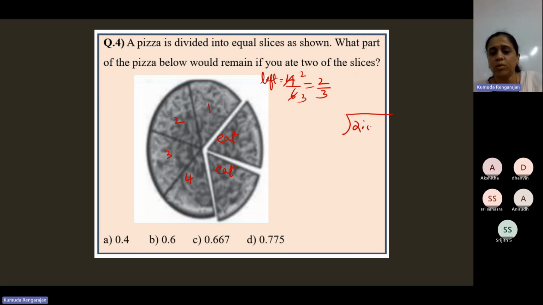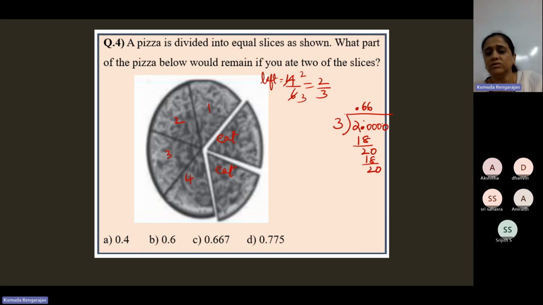So what is 2 by 3 as a decimal? 2 means 2.0000. So 3. 2 is not sufficient, no? So you'll have to take 20. 2 is not sufficient, so you take 20. But it's after the decimal point, so keep a decimal point. 3 6s are 18. 2 remains. 0 comes down. 6 3s are 18. 2 remains.